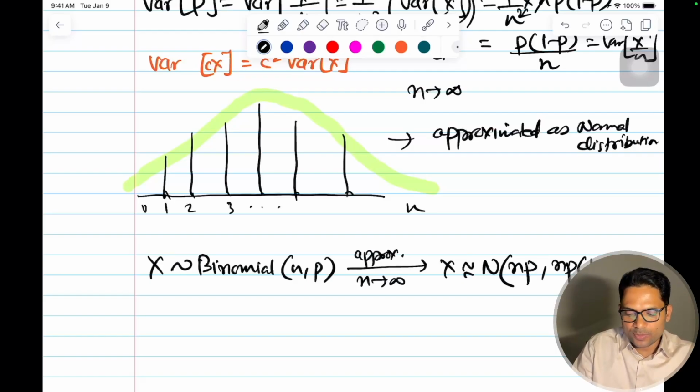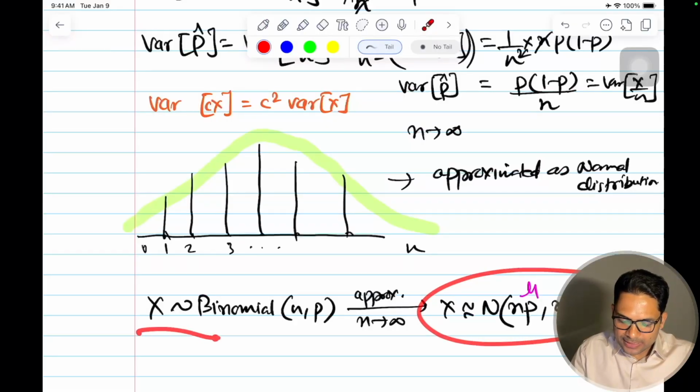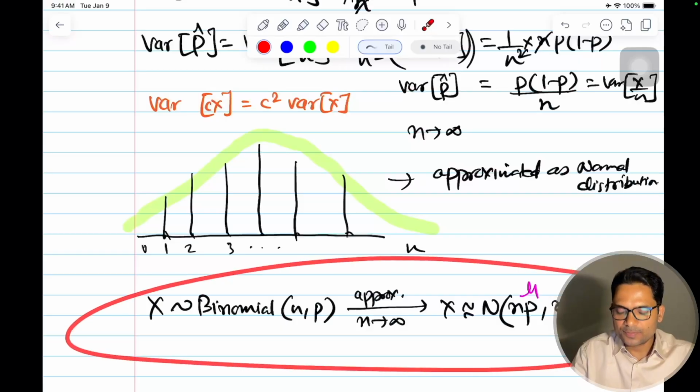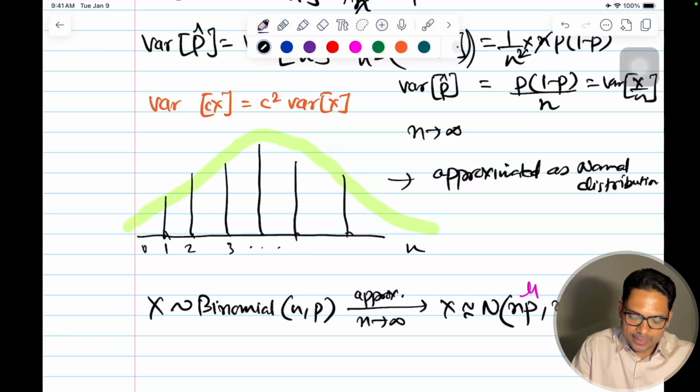The variance was np into 1 minus p, right? So this is your mu, this is your sigma square. So this can be approximated as this for very large n, and this is because of CLT. CLT is the central limit theorem. If people don't know, watch that video.